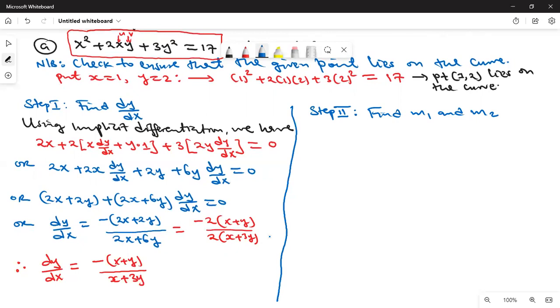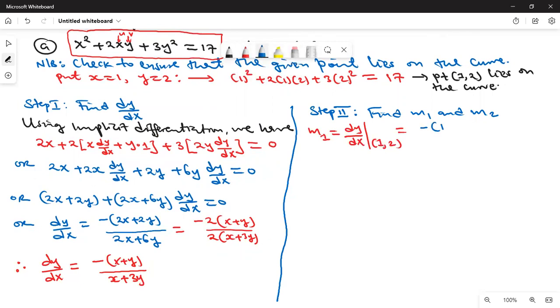So how do we find M1? M1 is simply dy/dx at the given point, which is (1, 2), that is (x naught, y naught). So when you substitute x equals 1 and y equals 2 in our expression for dy/dx, what do we get?